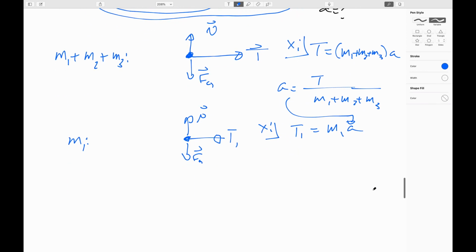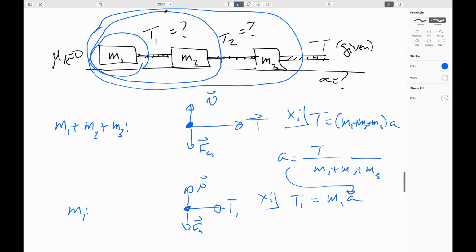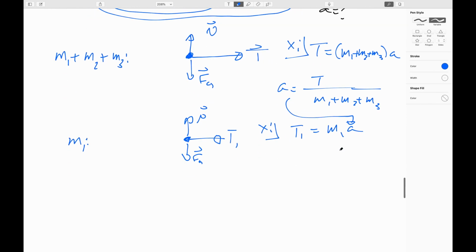And you can do the same thing for finding T2. We go ahead and use the combined M1 plus M2 system. Again, normal and gravity, which we're not stressed about since they're in y and we care about x.